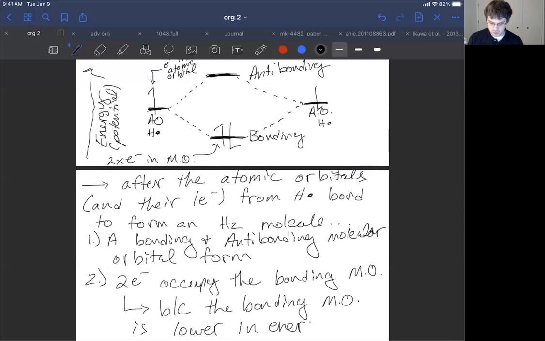So if you think about it, let's imagine you're an electron. An electron's kind of like a bowling ball. I know they're smaller than that, of course. Let's give the bowling ball a choice. Does it want to be on the shelf, or does it want to be on the floor? It probably wants to be on the floor because it's less likely to hurt itself or something else than if it was up on the shelf. So we fill the lowest energy orbital first, and we can put 2 electrons in.